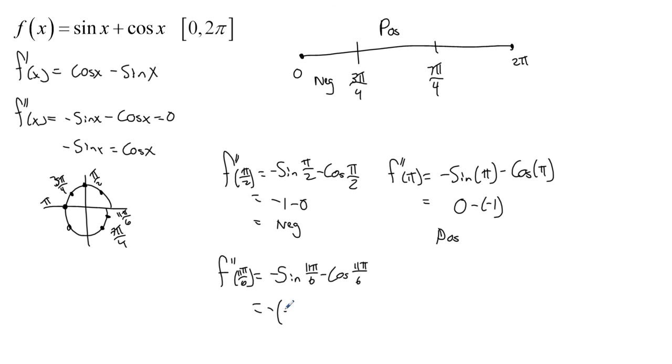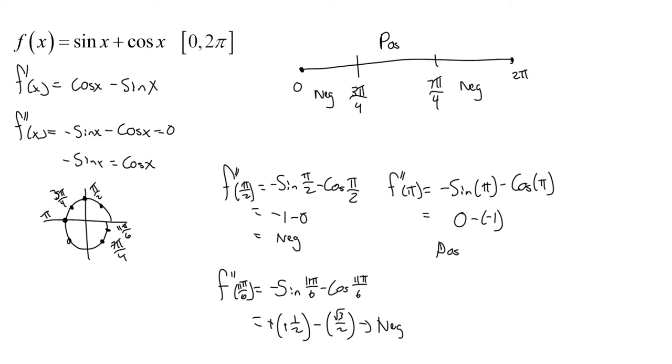The sine is the y, so it'll be -1/2, and the cosine, the x value, is positive square root of 3 over 2, so this becomes a positive. Now, square root of 3 over 2 is bigger than 1/2, so this is going to yield a negative value. I don't know what it is exactly, but it's negative.